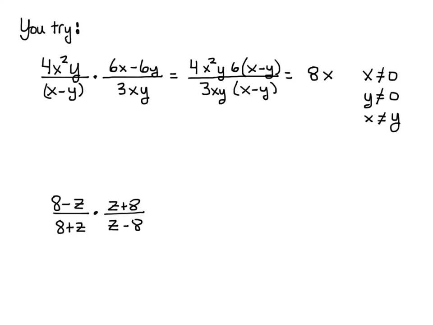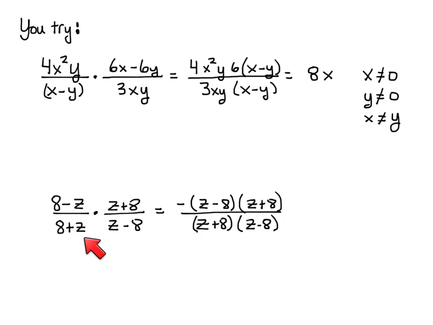Okay, how about the second one? Second one looks like we have 8 minus z, z plus 8, 8 plus z, and z minus 8. So when we write that, one of the things that we can do to make simplifying things easier is that when we have expressions that are not in the standard order because of a negative sign, factor out a -1 and get that expression in the regular order that we have polynomials, where we have them in highest degree first and that we factor out the negative coefficient.